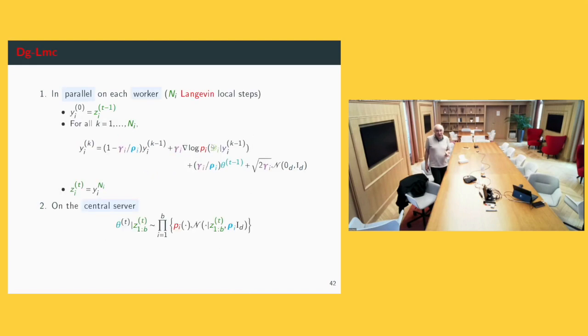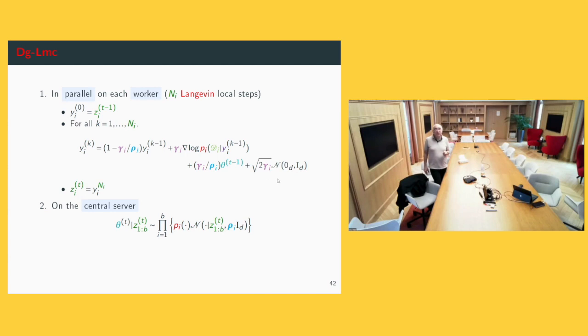So in the Langevin step, you have something which depends locally on the local parameter: a gradient of the likelihood, and then a second term which depends upon the hierarchical distribution, where you have to make sure that your local parameter does not deviate too much from the population parameter.